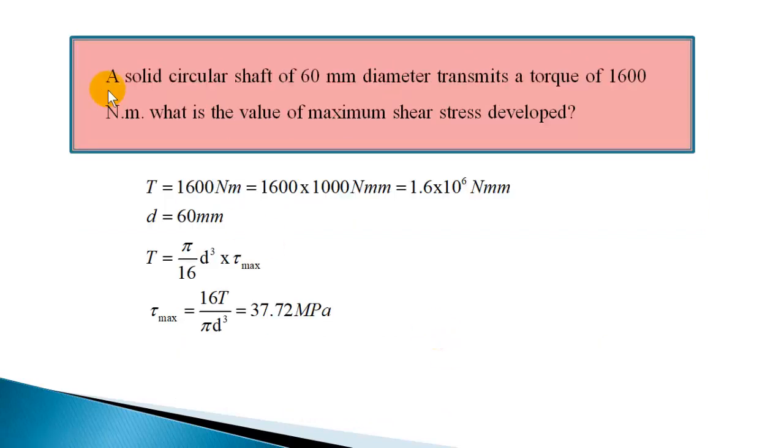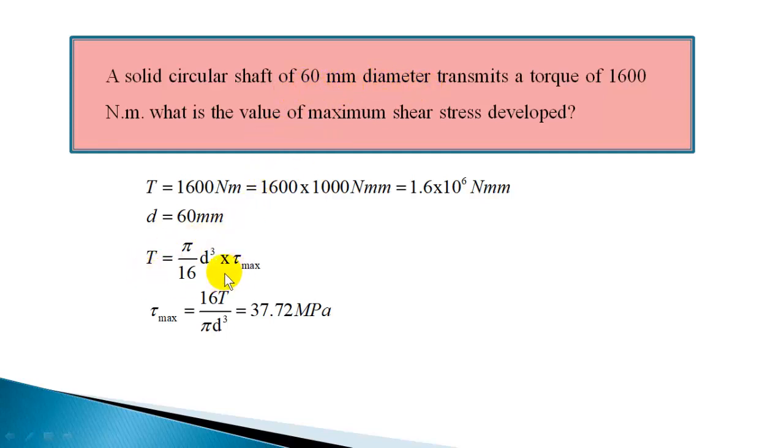Now we'll work out the next question. A solid circular shaft of 60 mm diameter transmits a torque of 1600 Newton meter. What is the value of maximum shear stress developed? So torque is 1600 Newton meter, or 1600 into 1000, or 1.6 into 10 raised to 6 Newton mm. This is the torque transmitted by the shaft, and diameter is given as 60 mm, and it is a solid shaft.